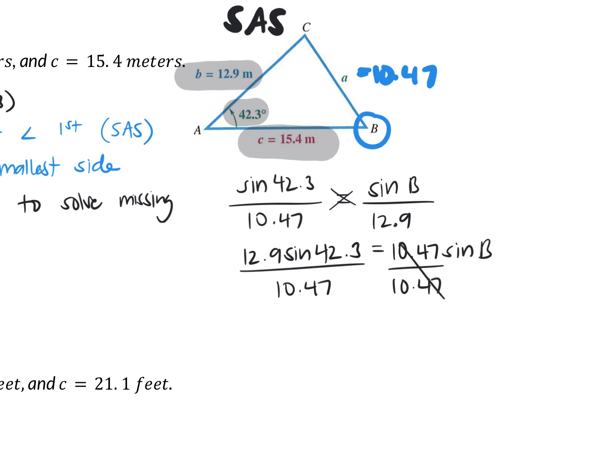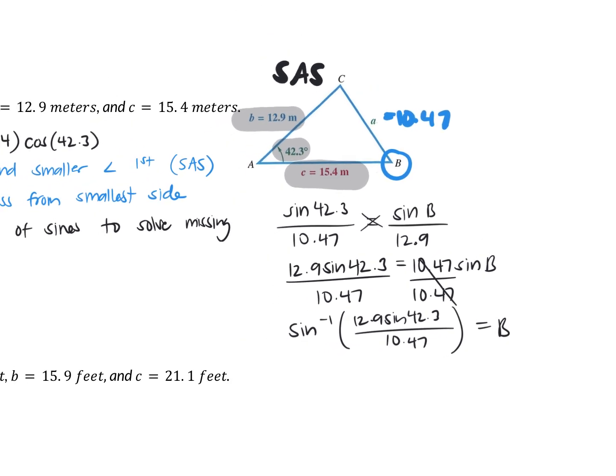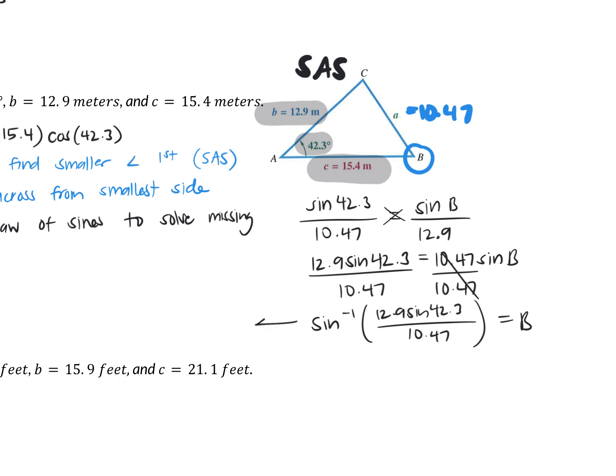So now to get the sine to go away on both sides, we have to do the sine inverse of all of that stuff to give me what B equals. So if you plug all that into your calculator, for B, you should end up getting, I think it's 56 degrees.